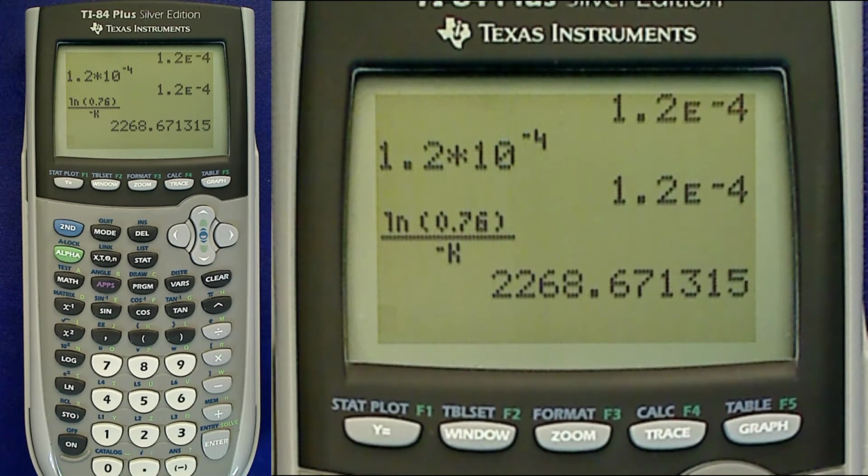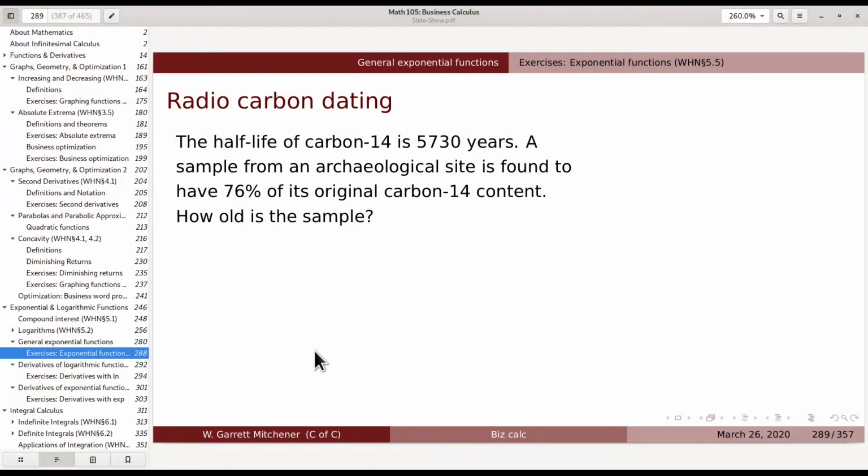So that's an algebraic way to see why the time is supposed to come out positive. And at any rate, this is the answer to the question that we're looking for. Okay, so there we go. That's an example of a half-life problem.